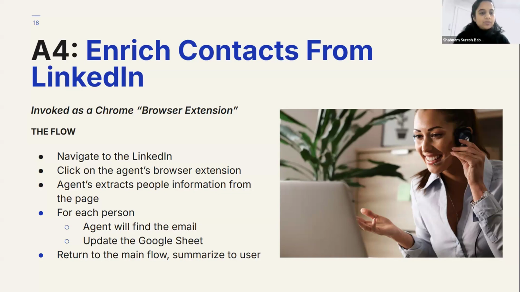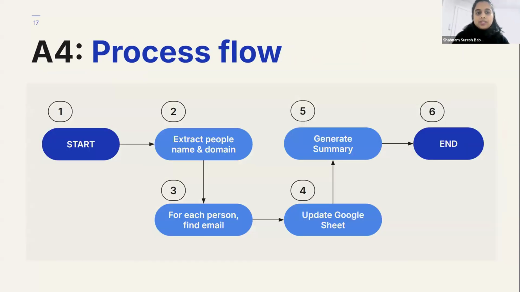Okay, so this is what it does. Like I've put in the text, the agent will extract information from the page, and for each person, the agent will go find an email and update a Google Sheet for me. So this is the process flow, reiterating step by step so that you all understand. There is a start block.